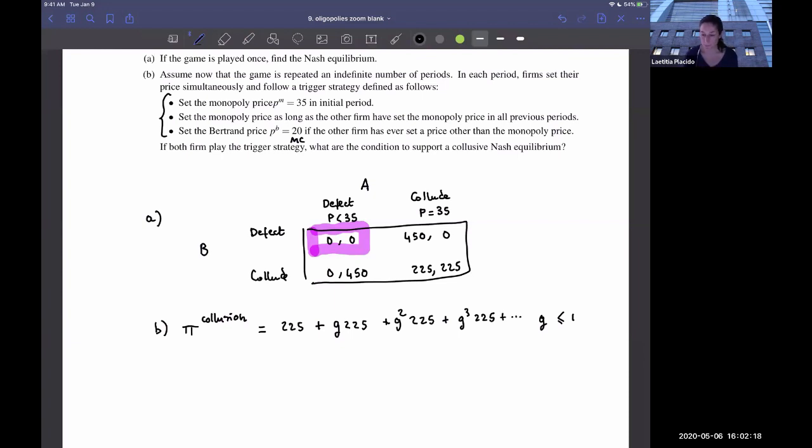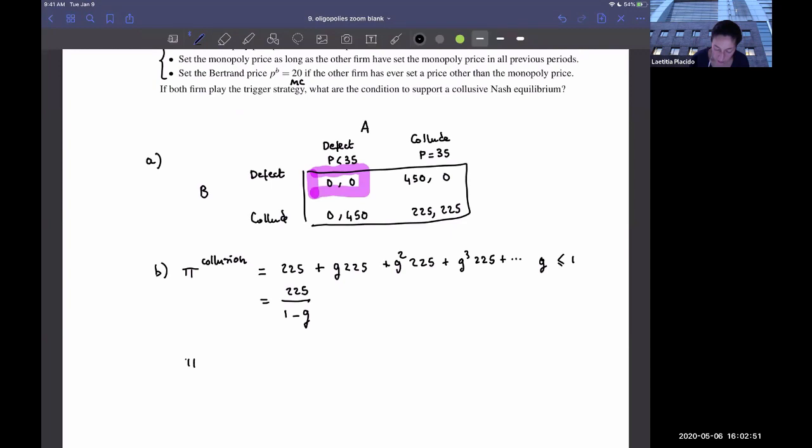So how do I compute the intertemporal profit here? This is a geometric sum, which is equal to 225 over 1 minus G. That's the profit I get if I collude for the rest of the time.